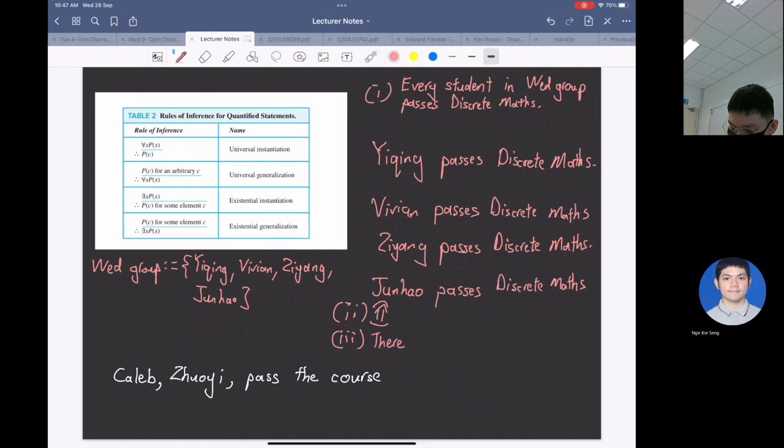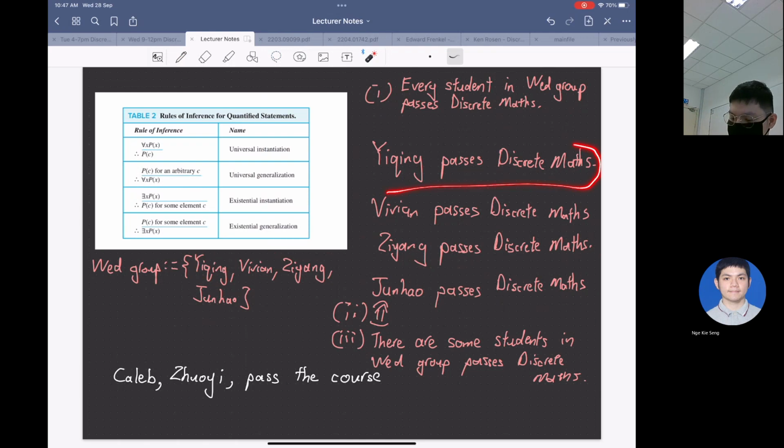There is, or there are, some students in the Wednesday group who pass. If there are some, this means at least one of them passes. So if I check Yiqing and Yiqing passes, then done. It's enough.